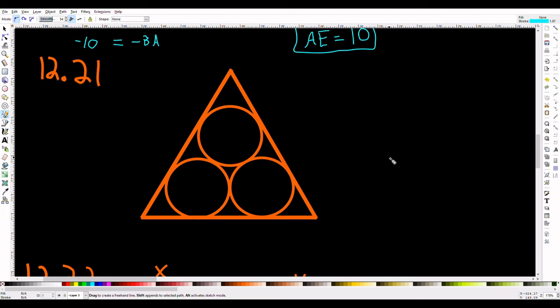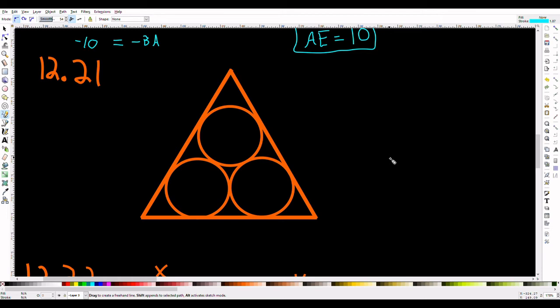So you see it depicted visually. 3 circles perfectly set within one equilateral triangle. And we know that the radius of each one is 1. What is the side of this triangle ABC?